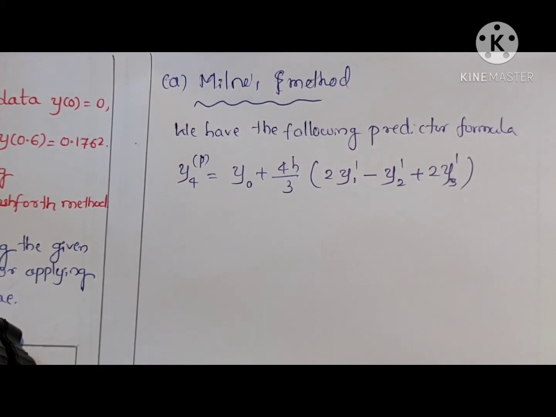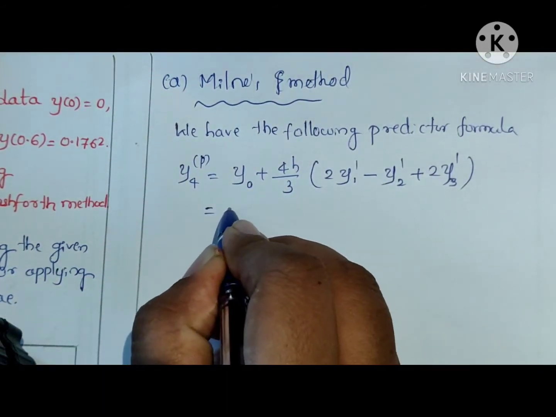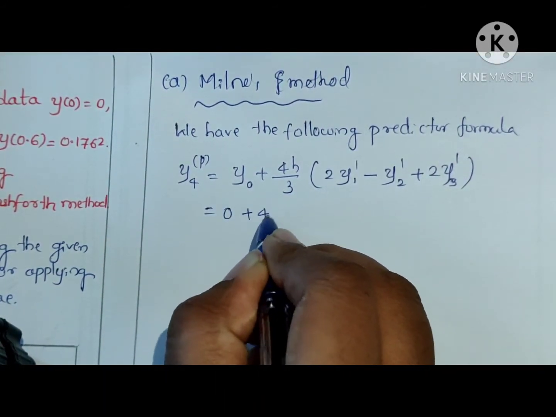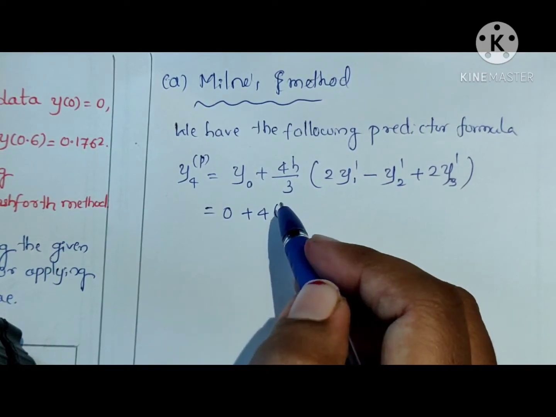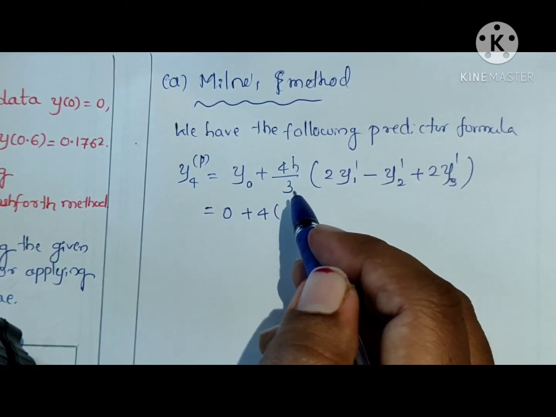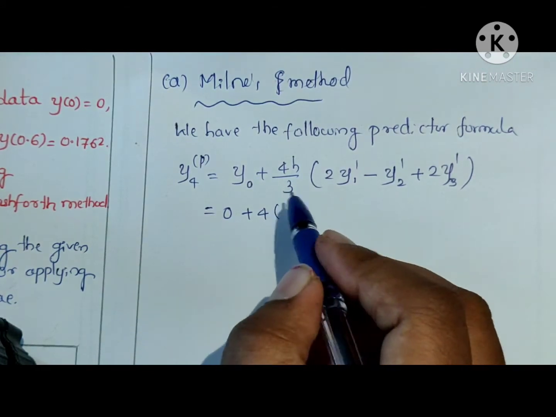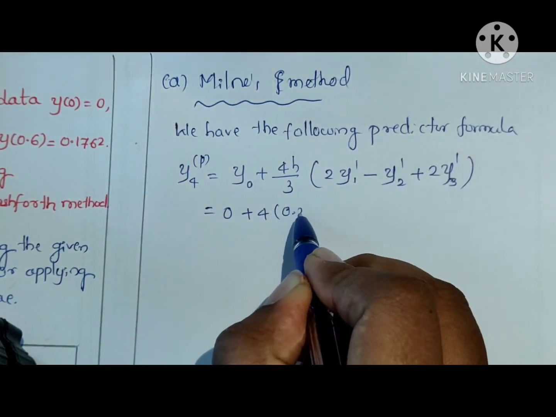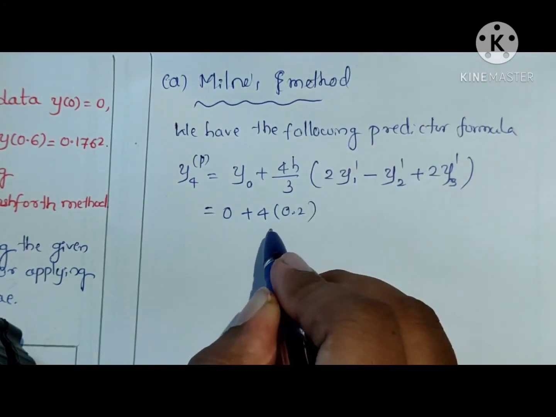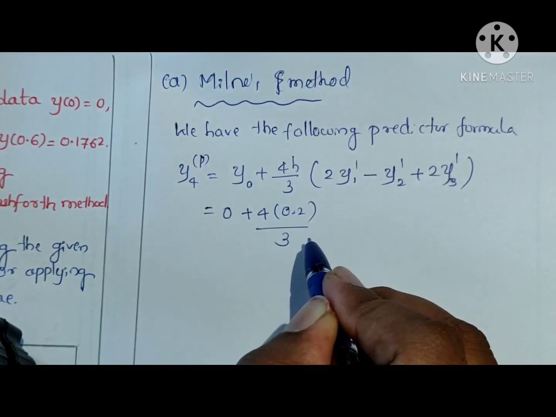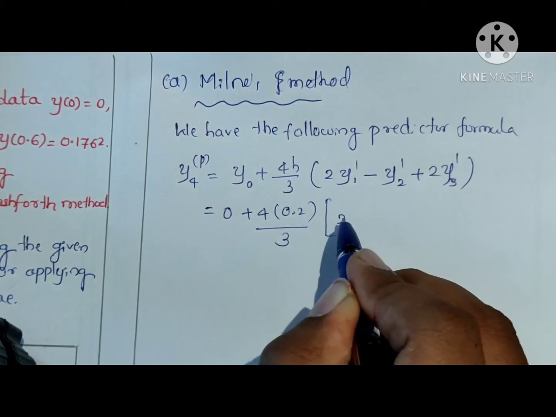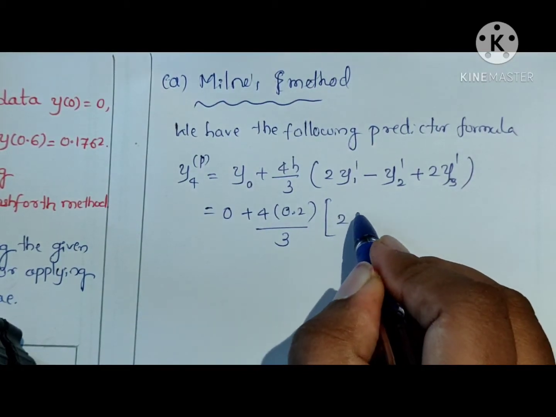Take the formula, write down y4 of p. You know all the values, just substitute the values. y0 is 0 plus 4 times h by 3. Directly by seeing the data, you can observe the step length. Given values are 0, 0.2, 0.4, 0.6, 0.8. The difference between them is 0.2. So h will be 0.2 divided by 3, 2 times y1 dash.